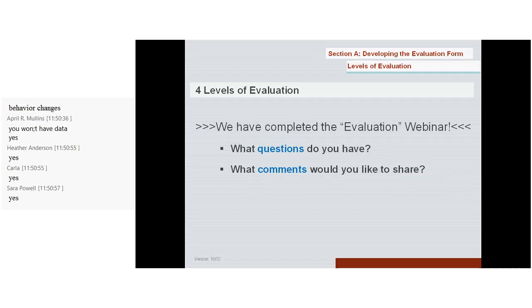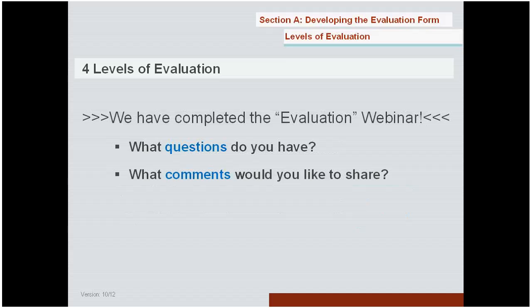The good news is we are experienced and quite capable with level 1 and level 2 evaluation, which means the glass is half full. All right? You're 50% accomplished. Level 3 and level 4 evaluation is going to be a little bit more challenging for you, and this is my challenge to you. I want you to move past where you are and challenge yourself to include level 3 evaluation 4 to 8 weeks following your training, and level 4 evaluation 3 to 6 months following your training.